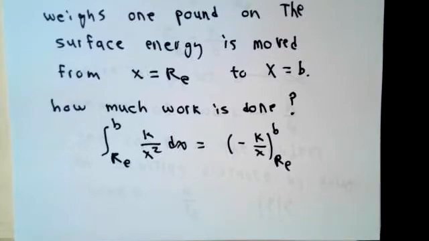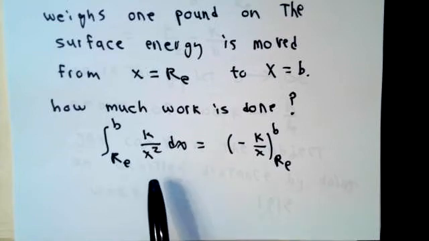Suppose you've got an object on the surface of the Earth. It weighs 1 pound, and we're going to move this from its initial position, x equal radius of Earth, to x equal b. I want to figure out how much work is done by doing that. As before, this is easy to integrate.